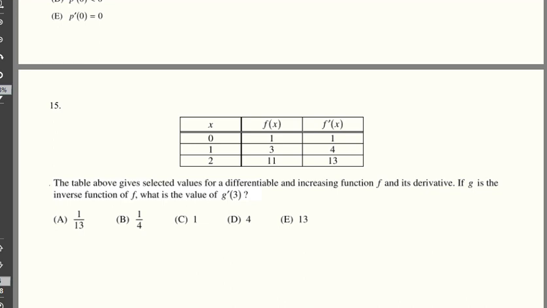All right, so we know the formula, right? It's 1 over f prime of f inverse. So the first order of business is finding out what f inverse is. F inverse of 3 is the x coordinate that corresponds to f of x equals 3.